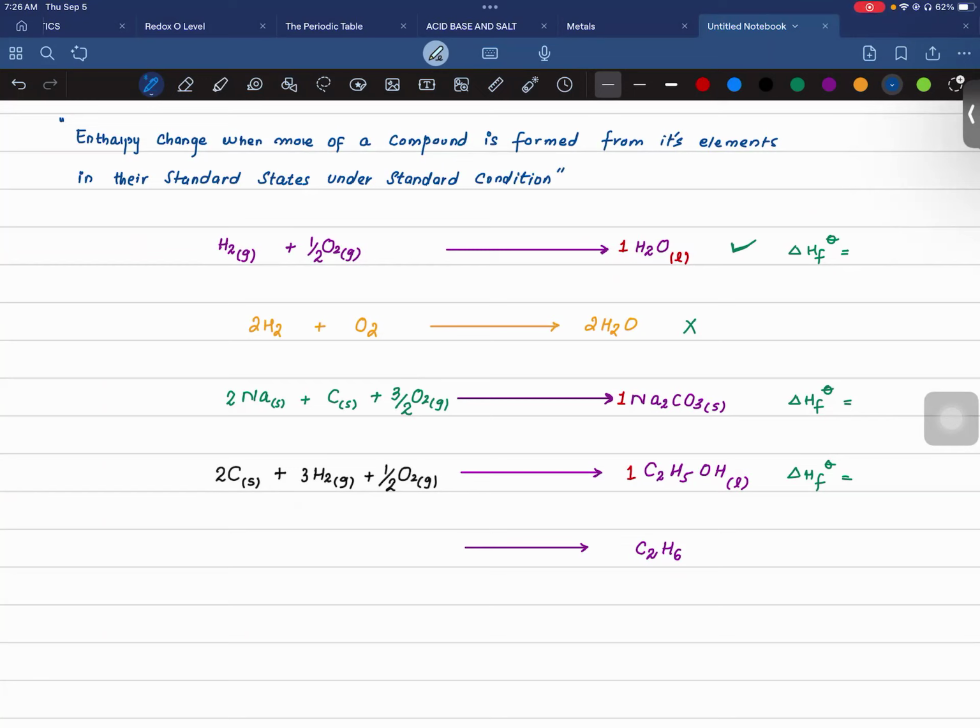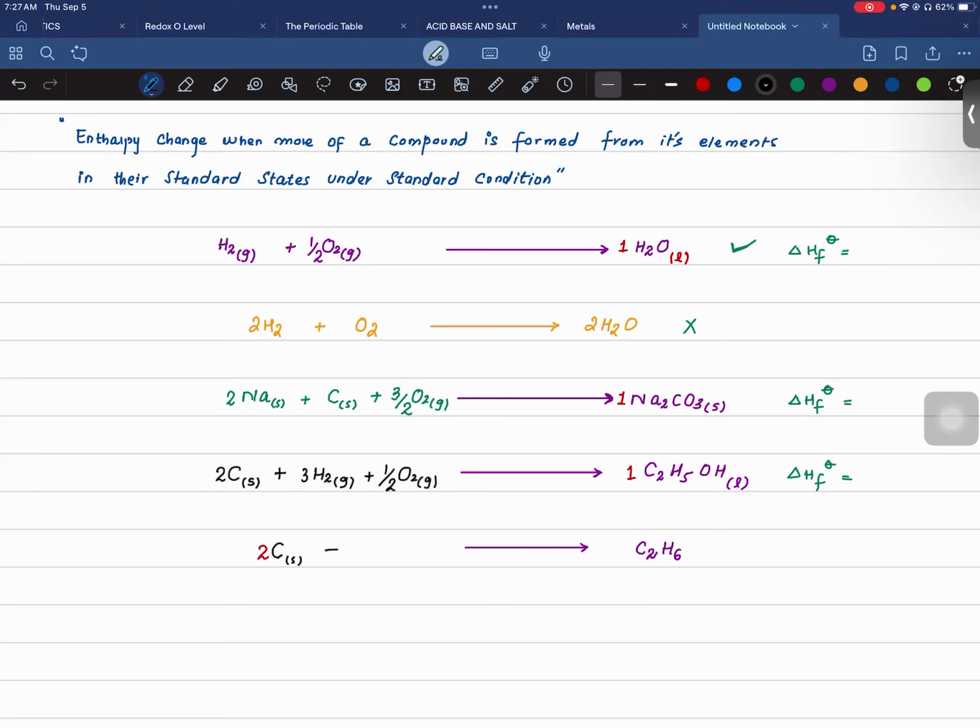So how many carbons, and what's the state for carbon? Solid. And how many carbons, Usman? Two carbons. Exactly.